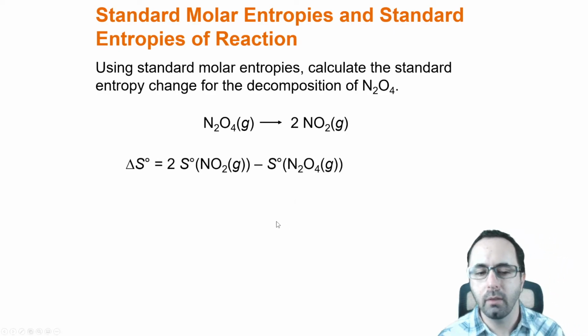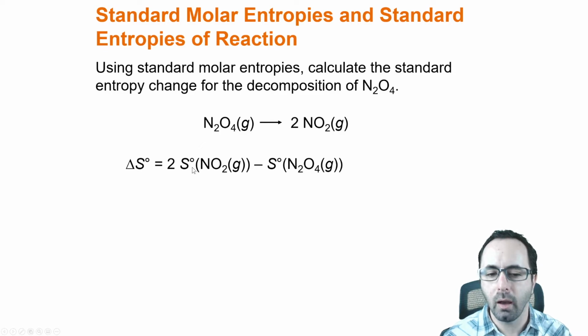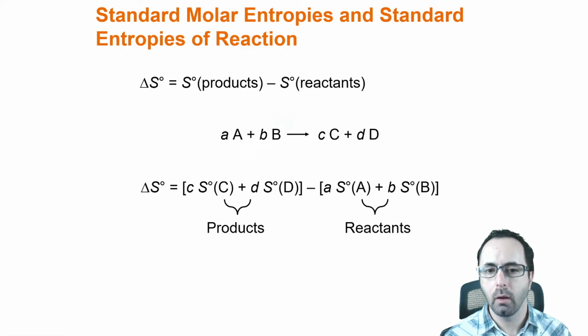So for our delta S standard, it's going to be 2 times the S standard for the product here, NO2, minus the S standard for the reactant, N2O4. Okay. And so we go and look these up. So we can go back to the previous table here.